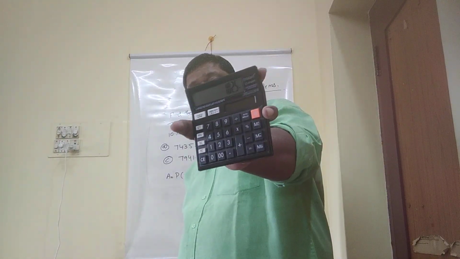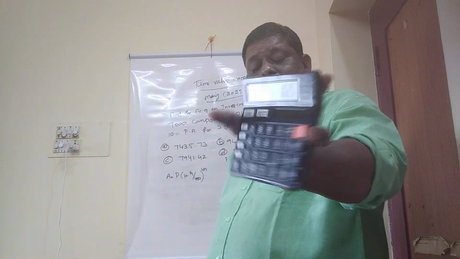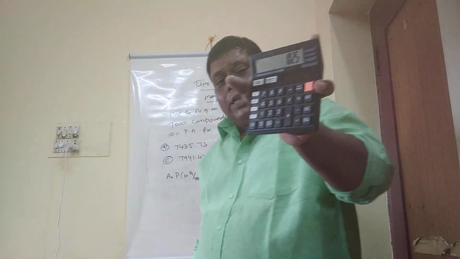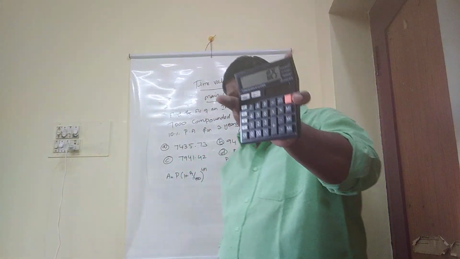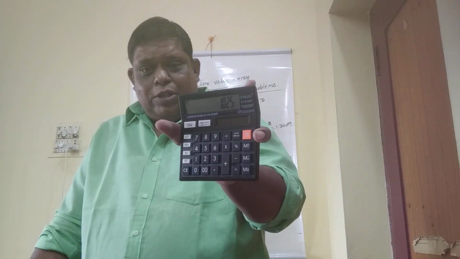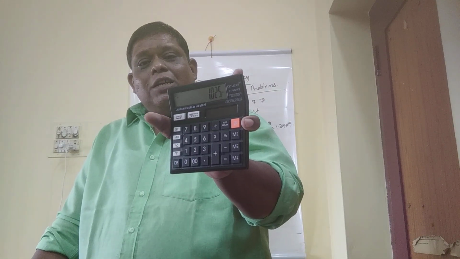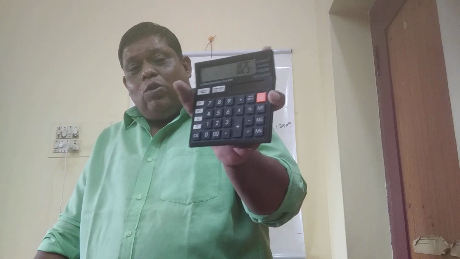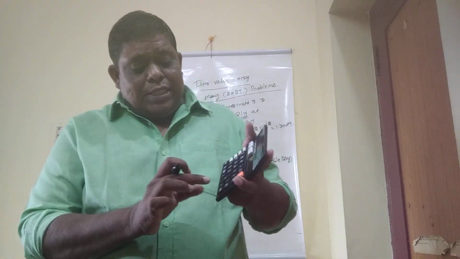So how much is 1.025 whole to the power 12? A normal calculator is allowed in the CA Foundation examination, but a scientific calculator is not allowed. So 1.025 into, equal is second time.